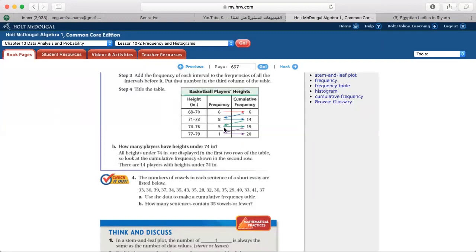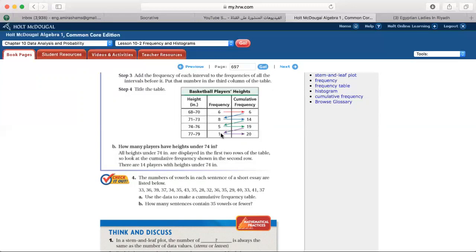For the next one, the frequency is 5, and 8 and 6 is 14, and 14 and 5 is 19.